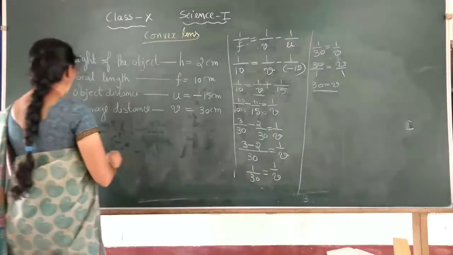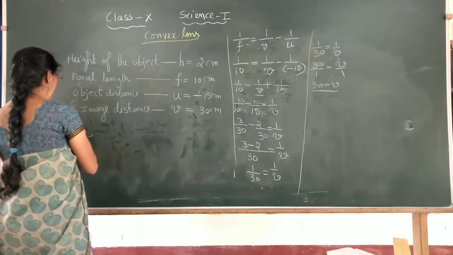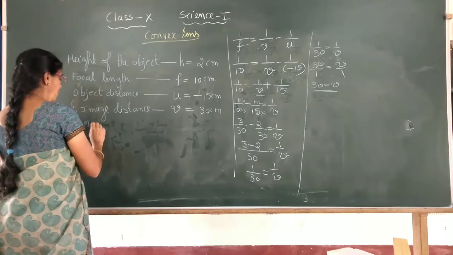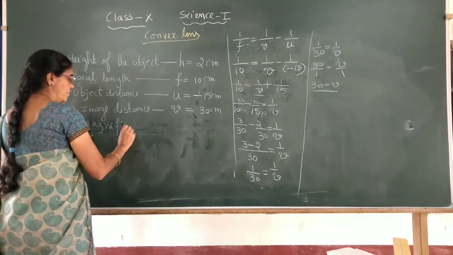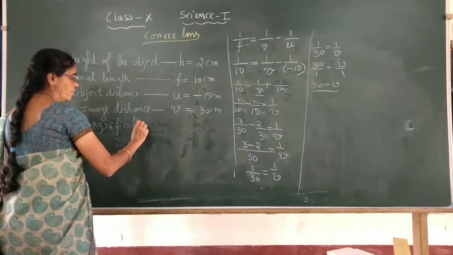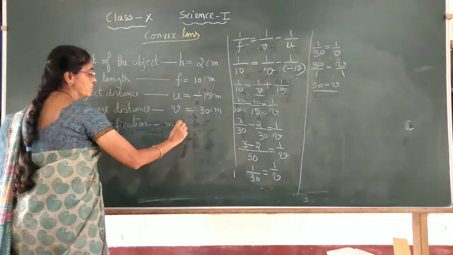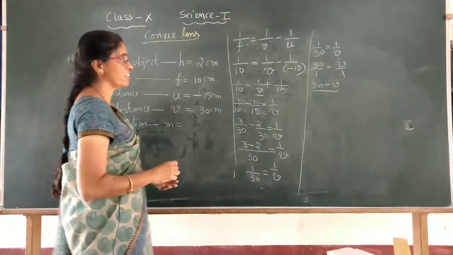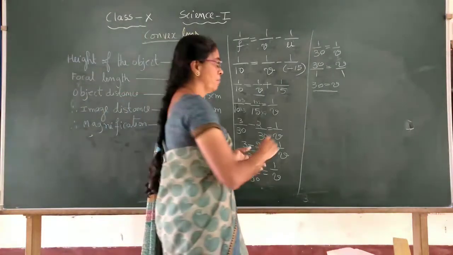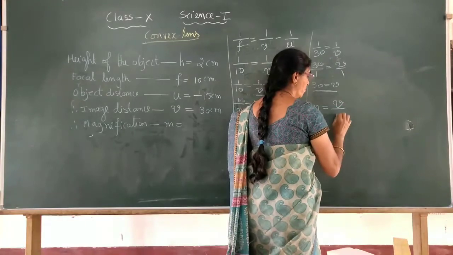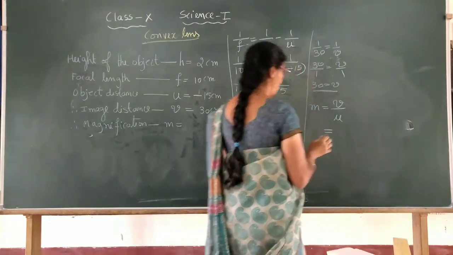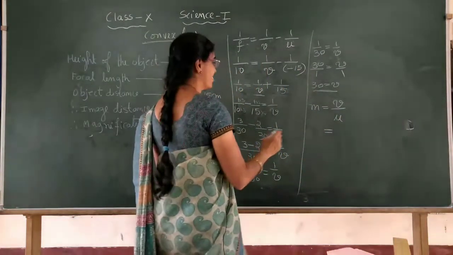Now we will find the magnification. Therefore, magnification. M is equal to, what is the magnification formula? M is equal to V by U, right? So V value is how much? Just now we got, it is 30.